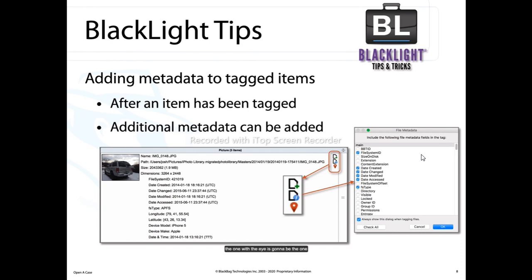The one with the eye is where you can change those file metadata fields that you included to show up in your report. So if you added some and you wanted to take some away, or you didn't add enough and wanted to add more, this is where you would do that in the tag. And finally, the little upside down drop that's red signifies location data. If you wanted to include that in your tag or not, you can toggle that here also.